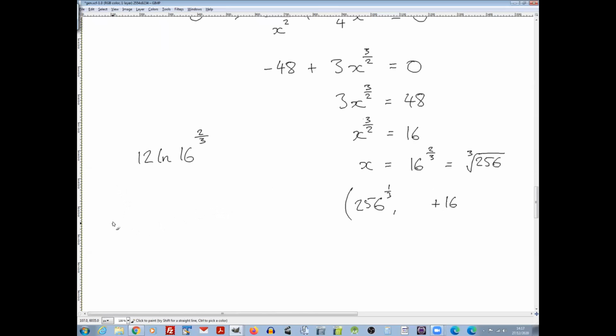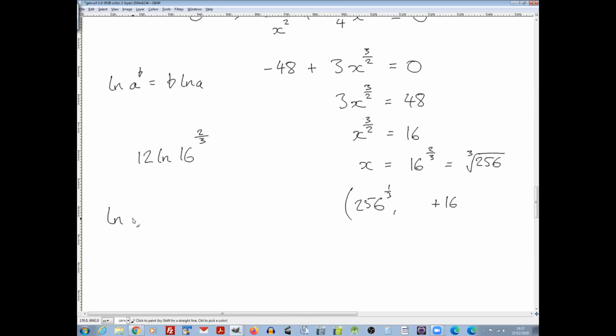Now, what was this log rule we were talking about yesterday? Log a to the power of b. How can we rewrite that? Or b log a. Just b log a. I mean, if the power were minus b, then it would be minus b log a.